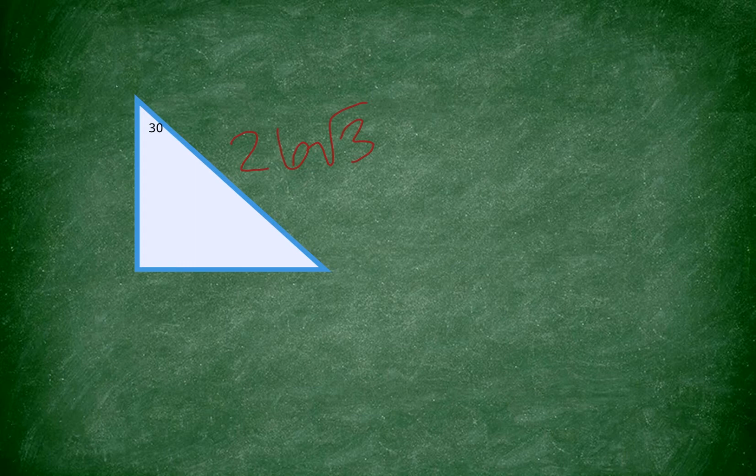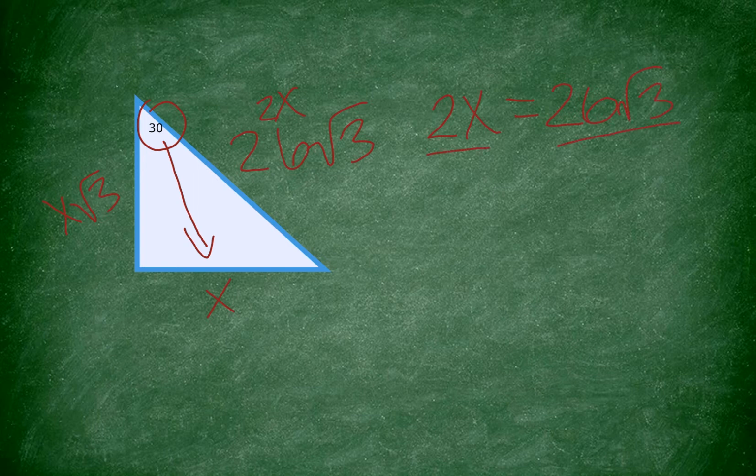Well, you start it the way you started all the others, where the X is directly across from that 30-degree angle. So this is X, then this is going to be your X square root 3, and this is your 2X. So I start by setting up the equation 2X equals 26 square root 3.